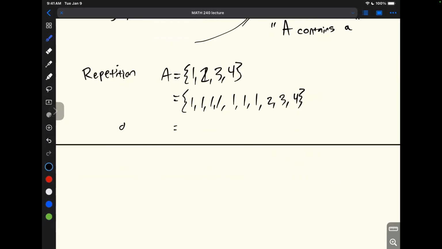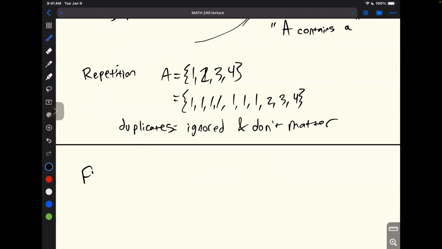So let's say the duplicates are ignored and don't really matter. So we only count unique elements of the set. If we write it with 10 ones, 10 twos, 10 threes, 10 fours, that's the same set as 1, 2, 3, 4. So duplicates are ignored. They don't matter when we write sets.